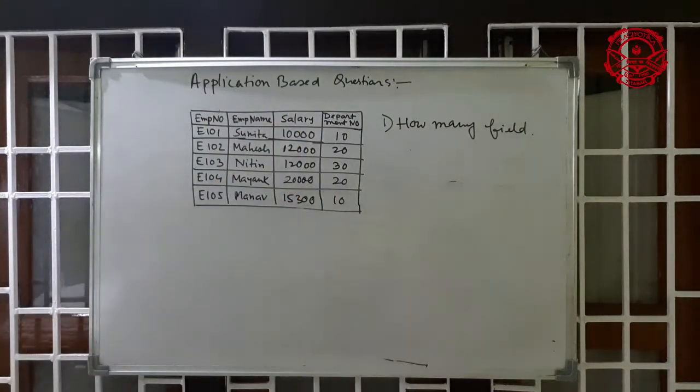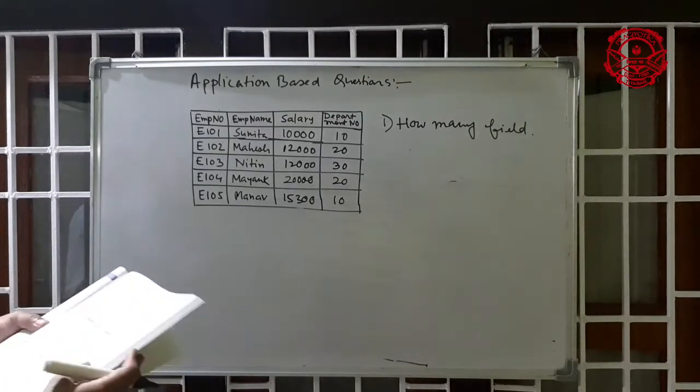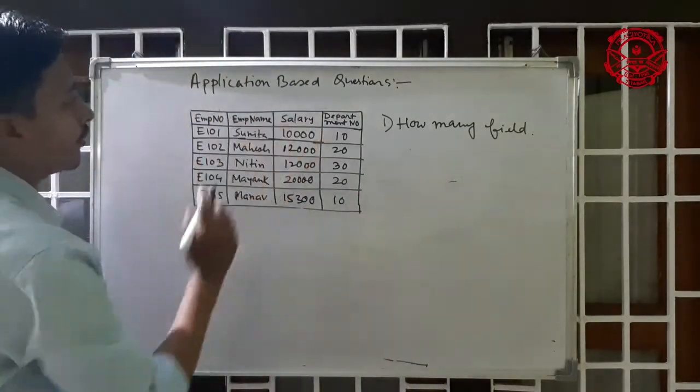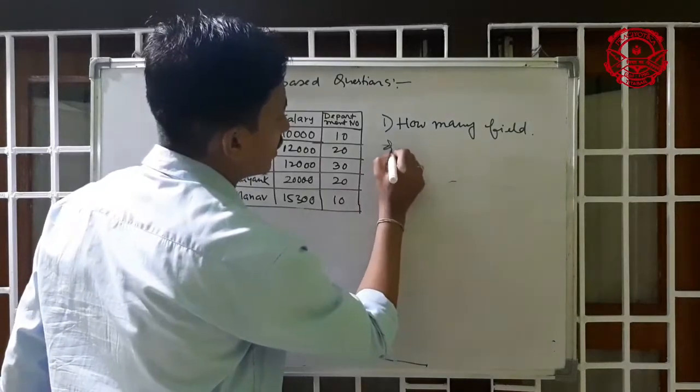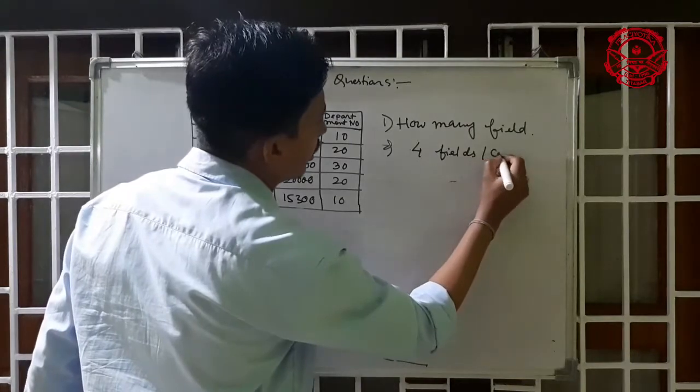How many fields are there? 1, 2, 3, 4. So the answer is 4 fields or columns.